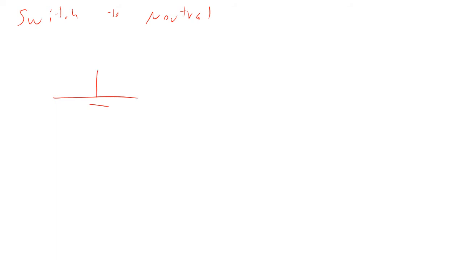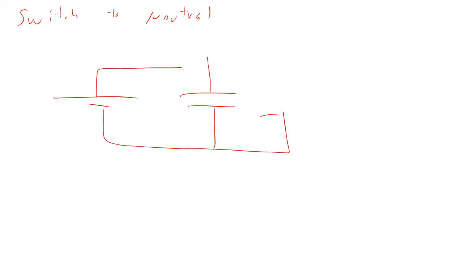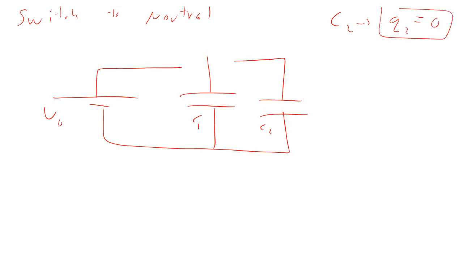So now we have this. C2 had never been connected, so it still has 0 voltage and 0 charge. But when I disconnected the switch and put it into neutral, there was already charge on capacitor 1.